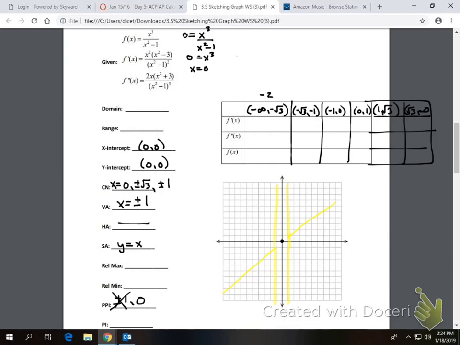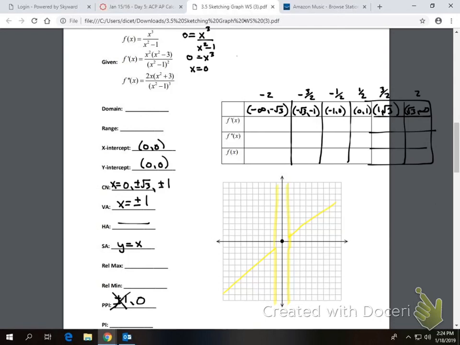I'll help you out here. Isn't negative square root of 3 like negative 1.7? So how about negative 3 halves, like negative 1.5? Here, how about negative 1/2? How about 1/2, 1.5, and 2? And we're going to plug those into the derivative.